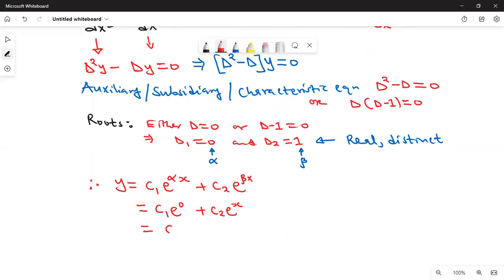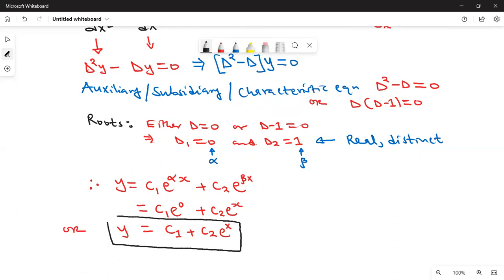So this is the same as writing y is equal to c1 plus c2 exponential x. So this is our general solution, where c1 and c2 are arbitrary constants.